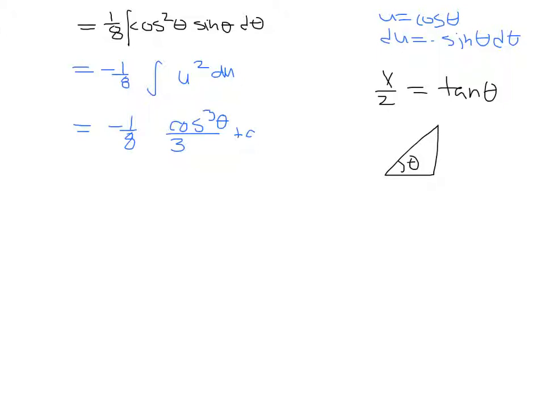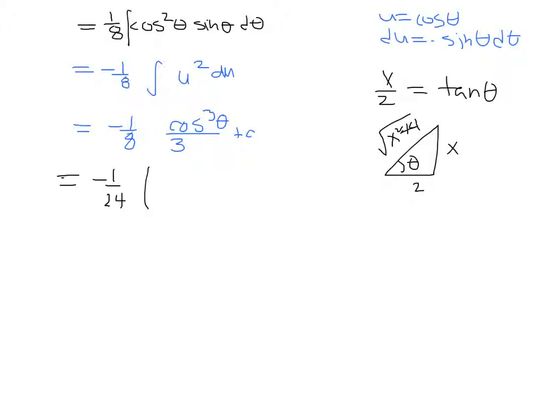So if this is theta, opposite over adjacent, the hypotenuse is the root of x squared plus 4. So I will have negative 1 over, well, 8 times 3, so what's that, 24? And cosine of theta cubed.